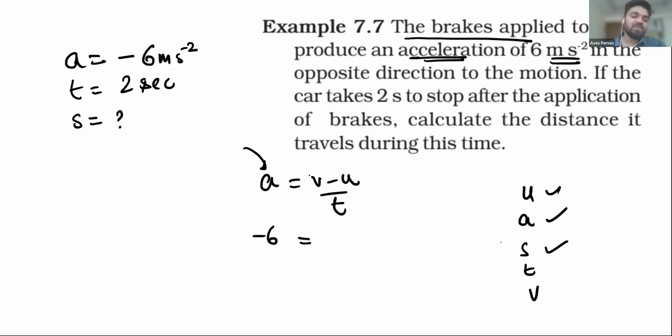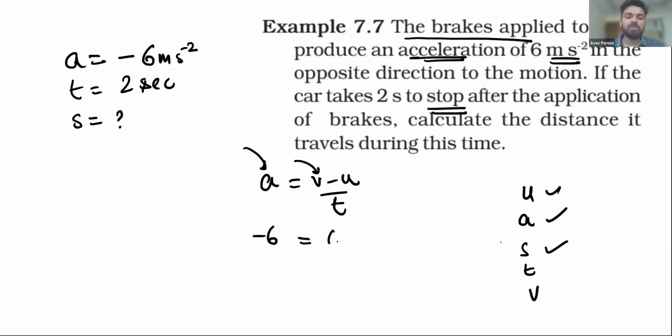Okay. So if I'm saying that this is V, because the car stops. Rima, if you are having some initial velocity and you stop after some time, your final velocity will become? What will be your final velocity? 0. 0, because you stop. Stop means 0.